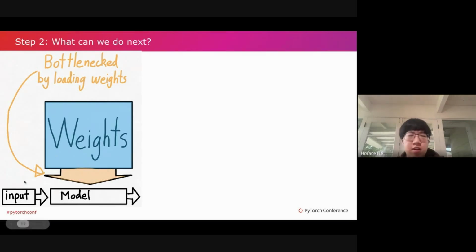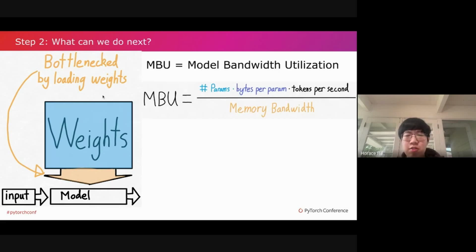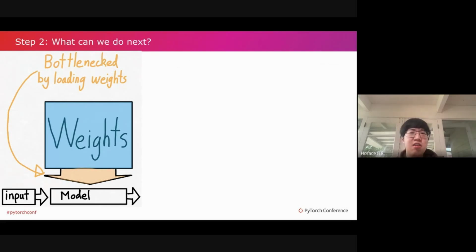Inference is basically we take our weights and our input, and the weights are so much larger than the input. To a rough approximation, transformer inference during decoding is essentially just how fast you can load your weights from global memory into registers.